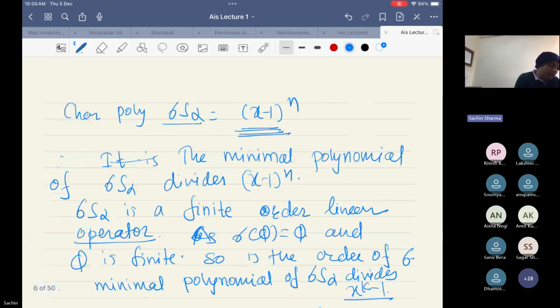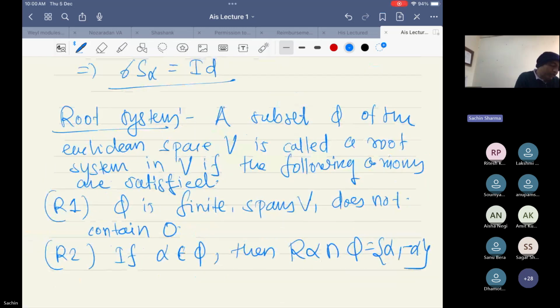In case you have doubt, please do not hesitate to ask. The first condition is that phi is finite, spans V, and does not contain 0. Second, suppose you take the subspace spanned by alpha and take its intersection with phi, then the intersection will be only alpha and minus alpha. Okay.